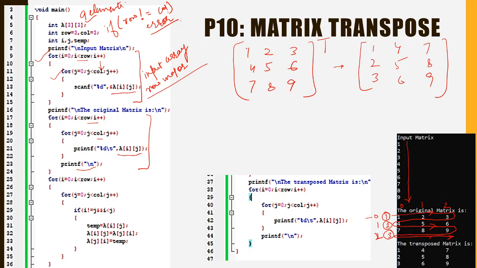That is, except this diagonal, all the elements should get replaced by their corresponding reflection across the diagonal. This diagonal separates it into the upper triangular matrix and this is your lower triangular matrix, right? And the corresponding elements of the upper triangle and lower triangle interchange their positions.